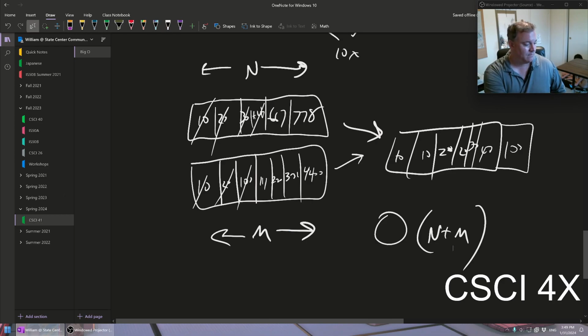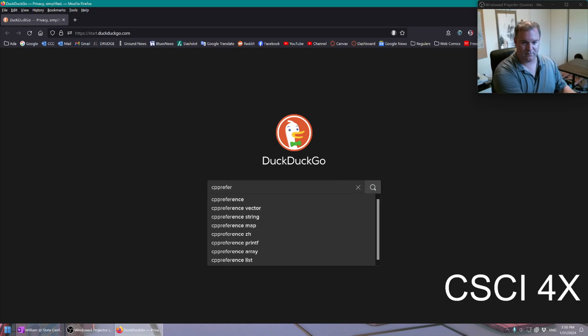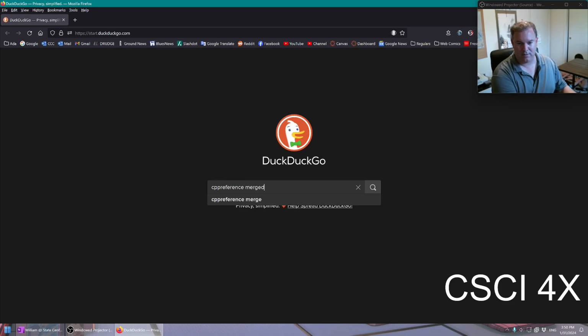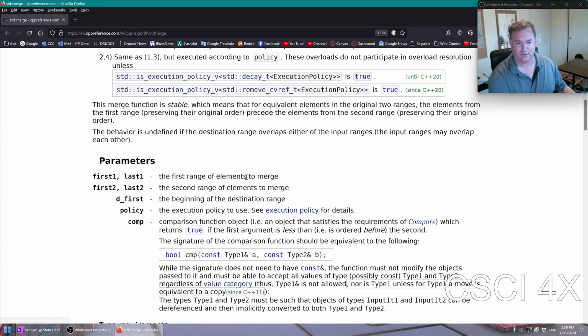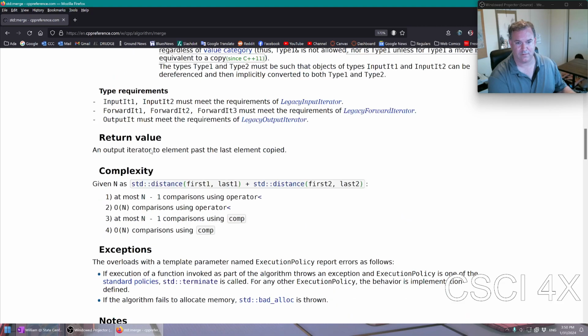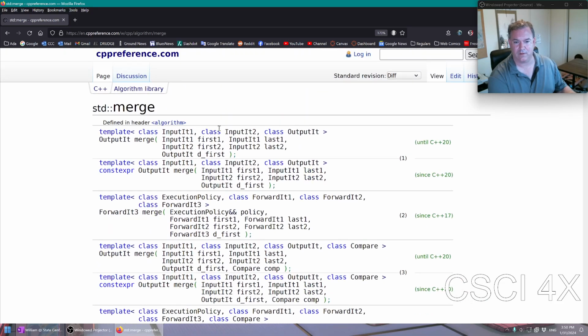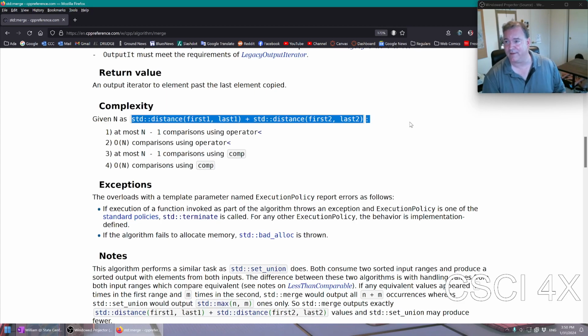And in fact, if we look at cppreference, merge, n is the sum of the sizes in this case.